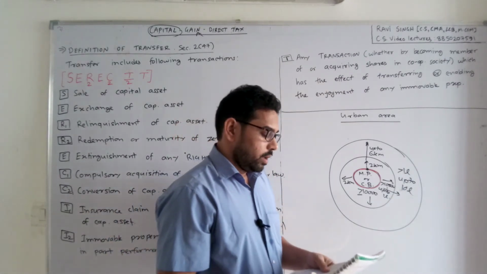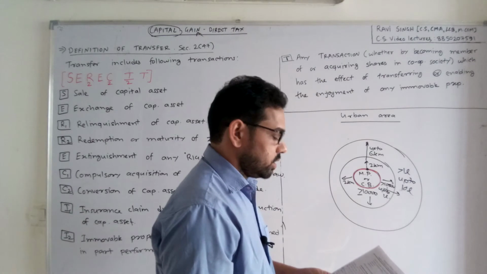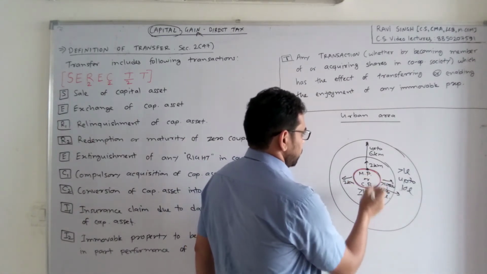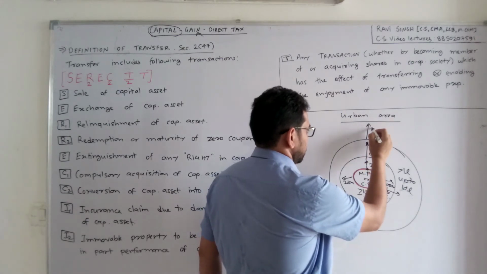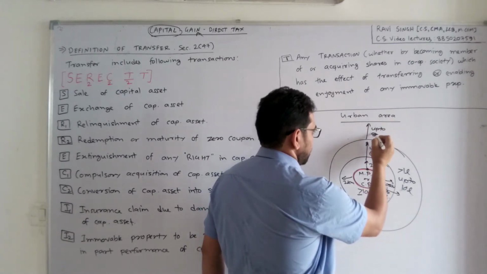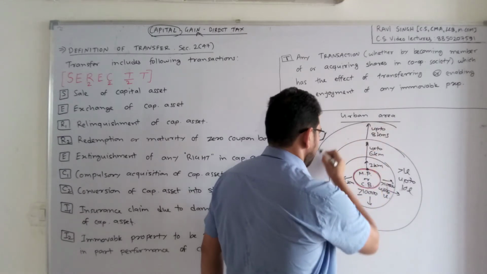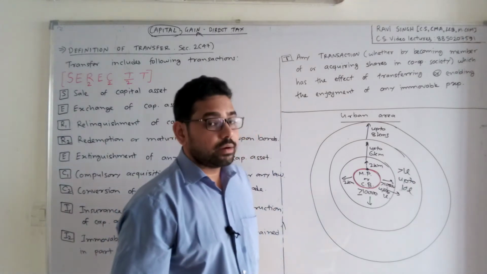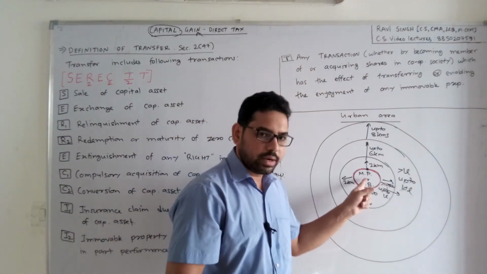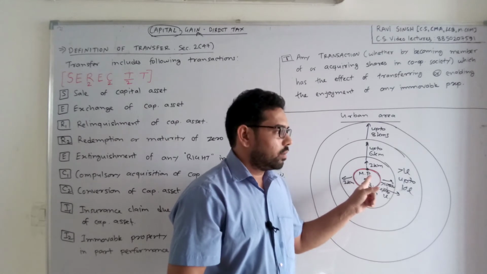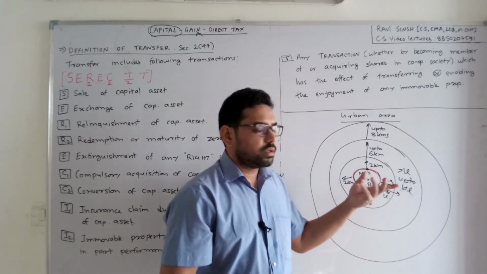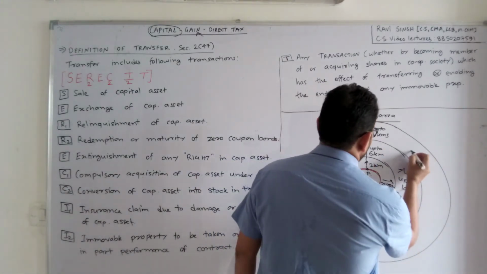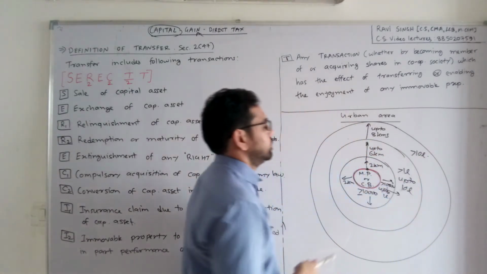And next one, shortest distance from the area is up to 8 kilometers. So this is your main area, and this is the area which is far from municipality area by approximately 8 kilometers, or up to 8 kilometers, and it has the population of more than 10 lakhs.